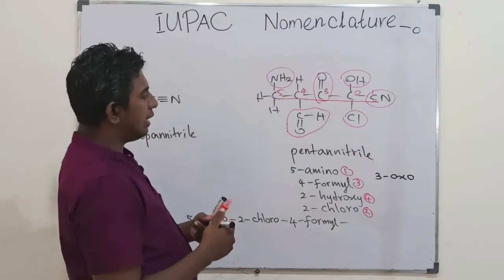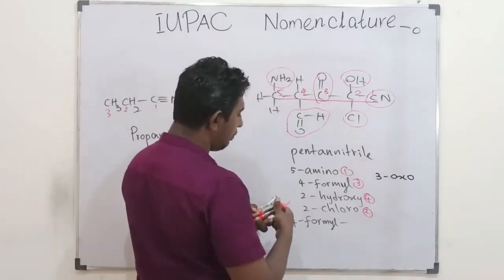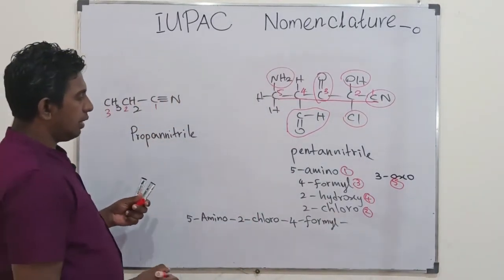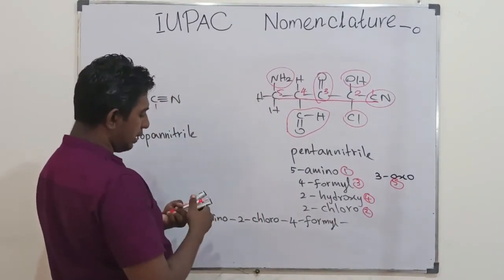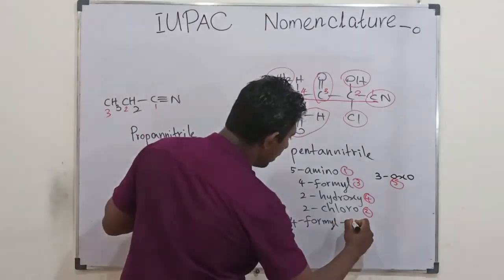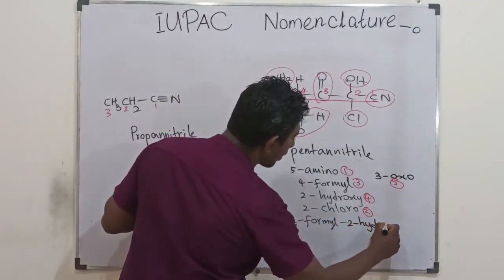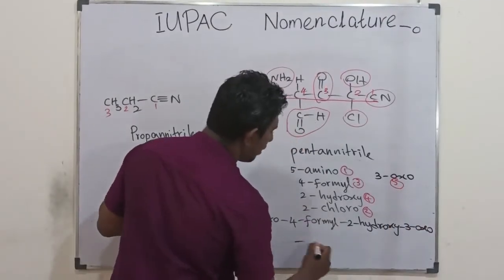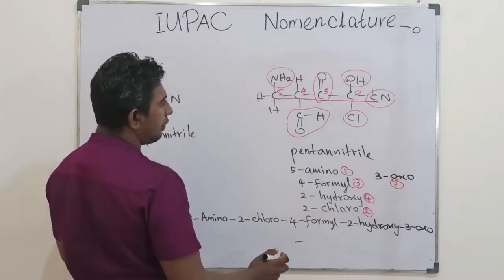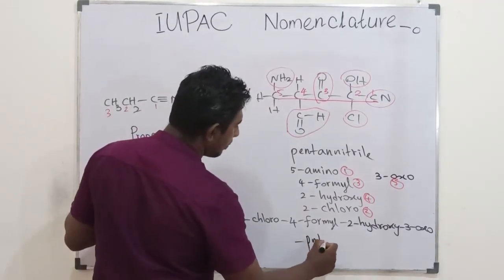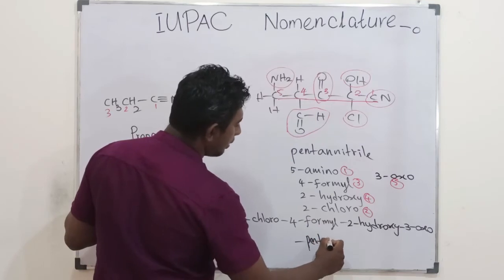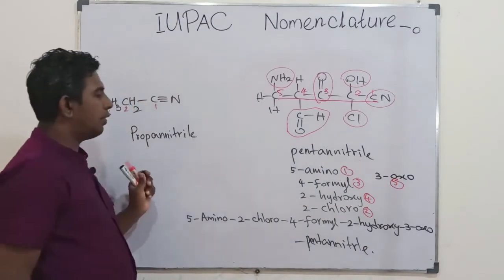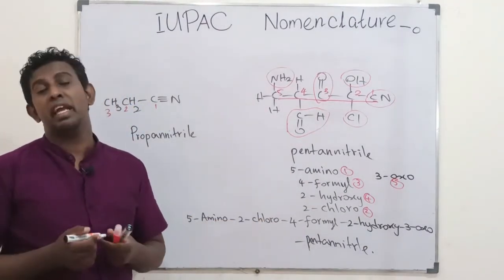So out of those, the last, the fifth one, it's 2-hydroxy and 3-oxo. It's a pentanenitrile. So that is the name of that molecule.